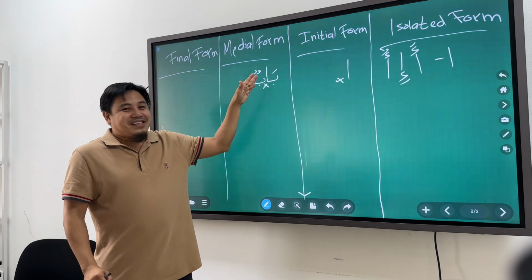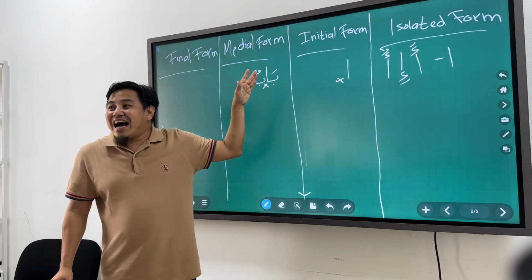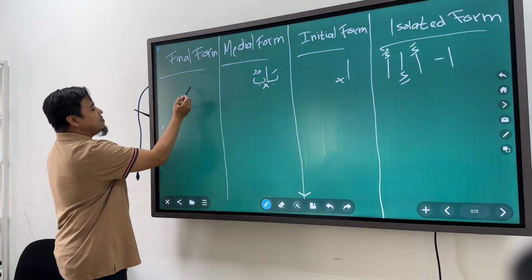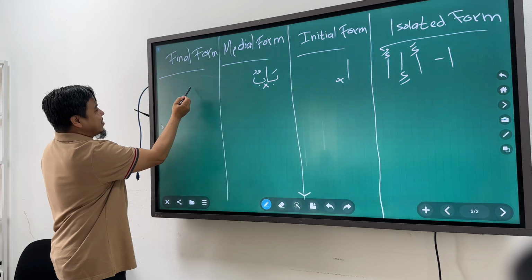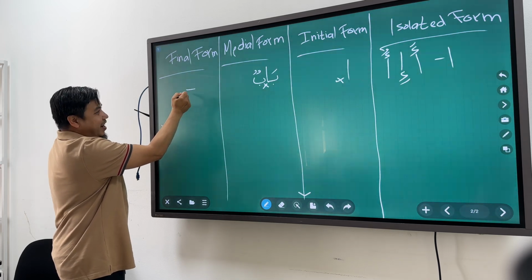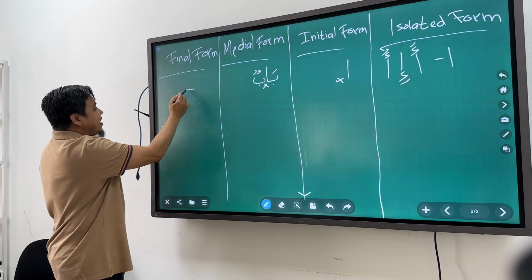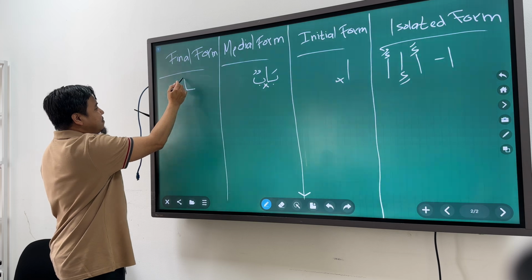So what is the formation of Alif here now? It is considered as final form. Okay? So any of the letters here, Ba, Ta, Ya, any of the letters, then you connect Alif in the end.